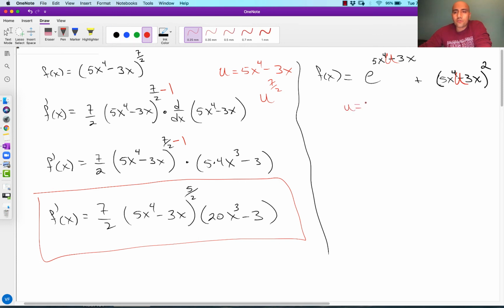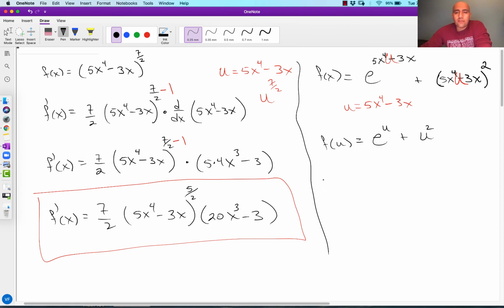u equals 5x to the fourth minus 3x. So that means that f of u is now equal to e to the u plus u squared.